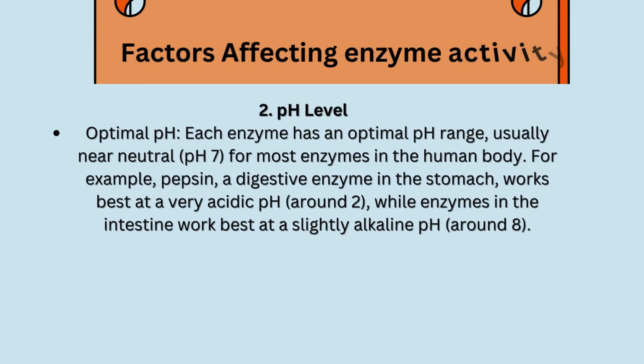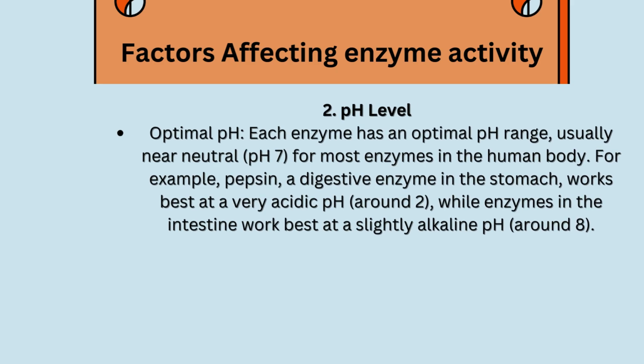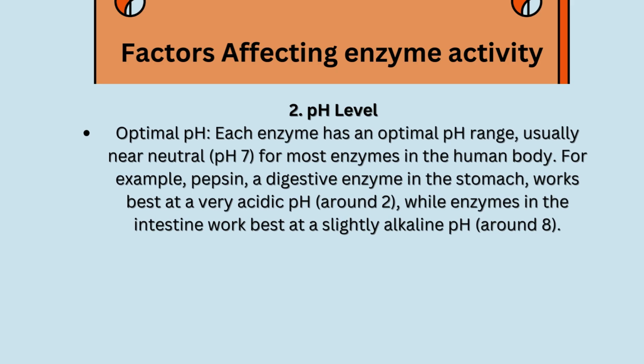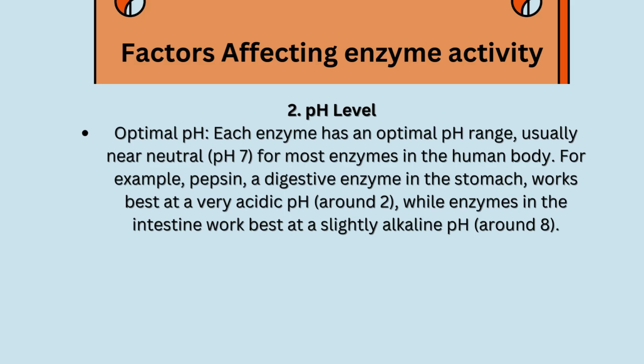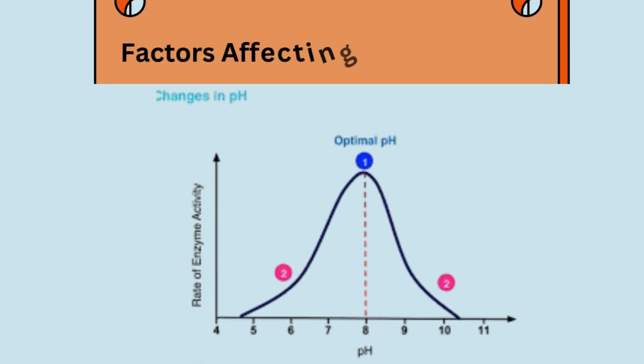The pH of the medium affects enzyme functioning too. Each enzyme performs best at a specific pH, which is called the optimum pH. The optimal pH for the human body is near neutral, that is pH 7. A slight change in the pH of the reacting medium, below or above the optimum pH, reduces the rate of reaction. Extreme changes in pH denature the enzyme.